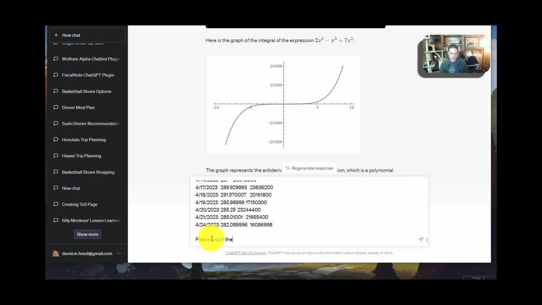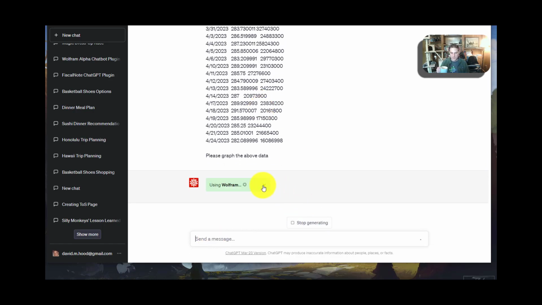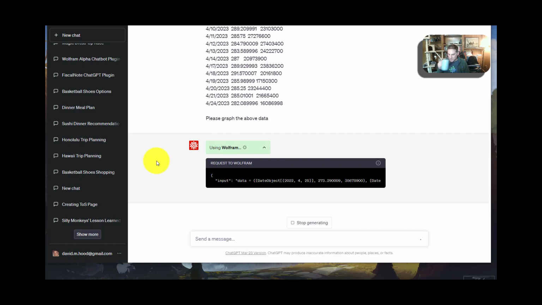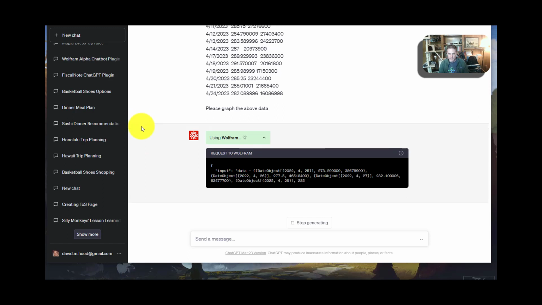Please graph the above data. Let's see if it might not be too much. Curious if it's going to put this in for every single input here.